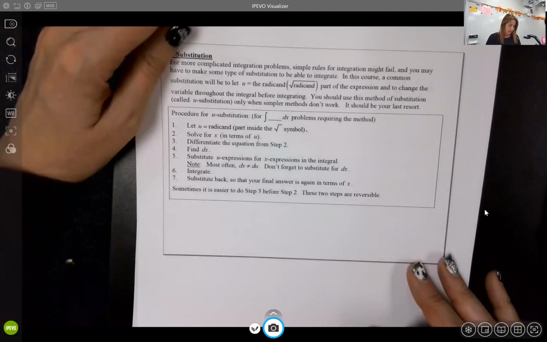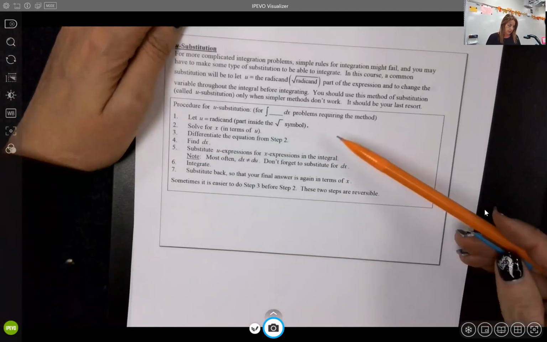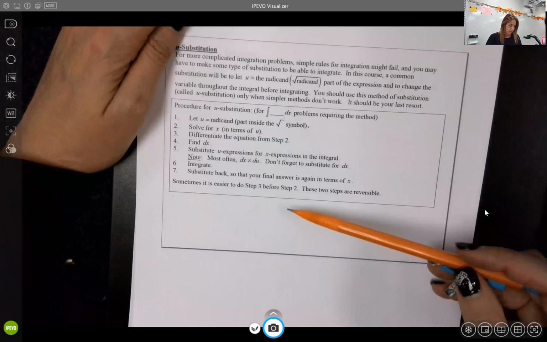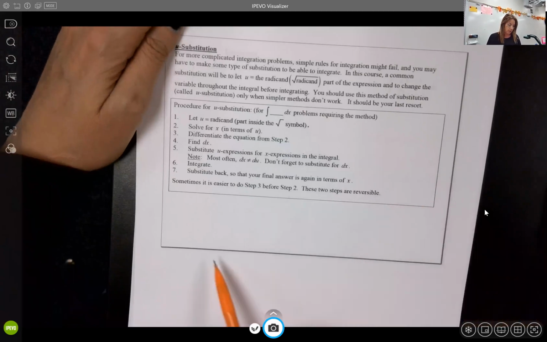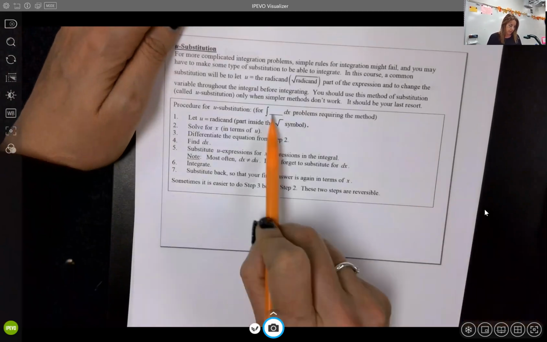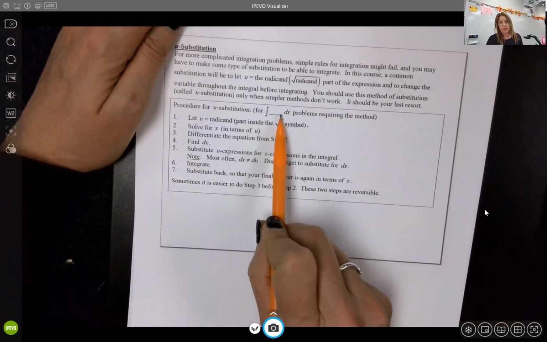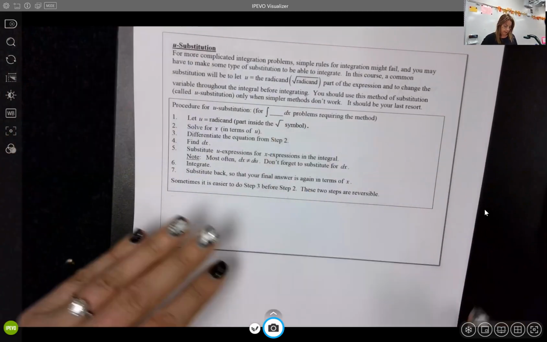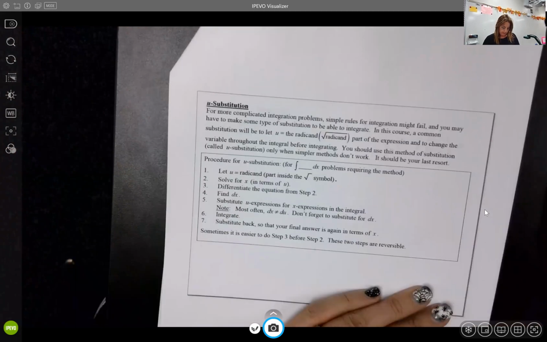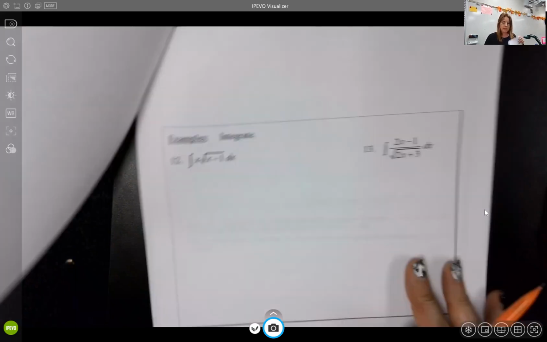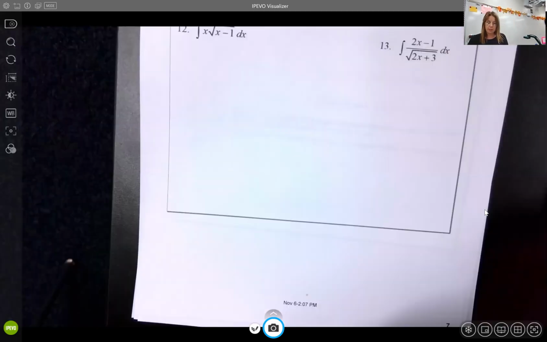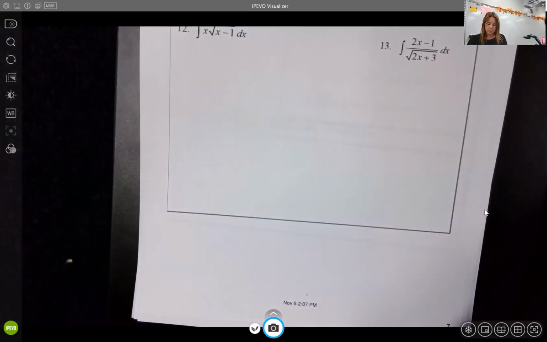So that's what this is going through in these steps. You set u equal to something inside of a radical, then solve that for x, and then you substitute it back in at the end. It's easier to just start going over these problems so you can see what I mean.